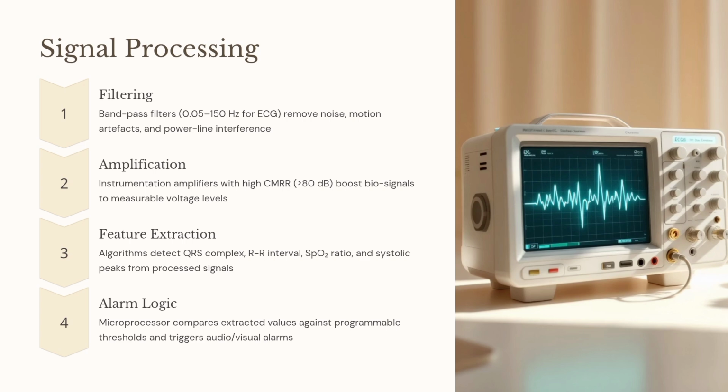Then comes feature extraction. Important features like heart rate, QRS complex and oxygen level are identified from the signal. Finally, alarm logic. The system compares this value with the normal limit. If anything goes abnormal, it gives an alert. So signal processing ensures accurate and reliable monitoring of a patient.